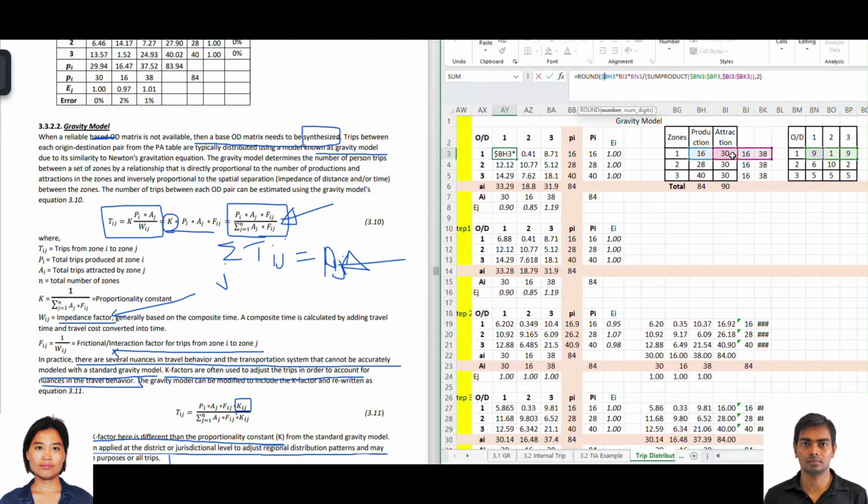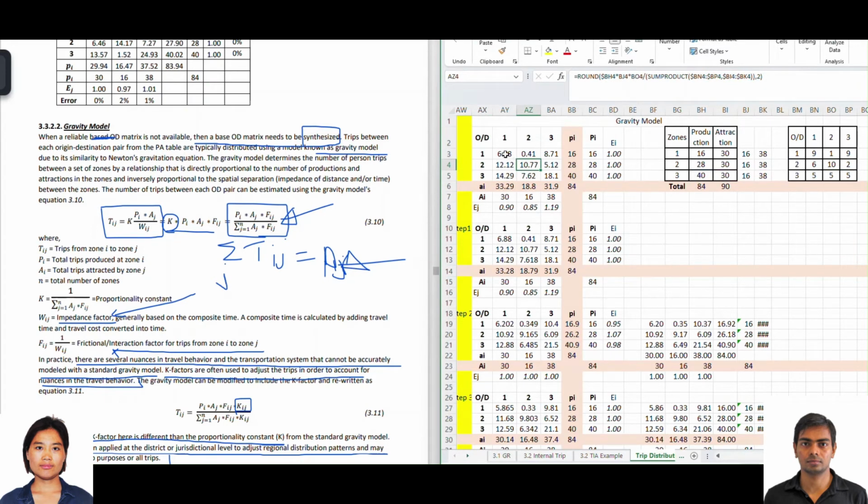For this one I have repeated the attraction to facilitate the sum product. In the second one, we pick the second number, and in the third row we will have this third number used twice.